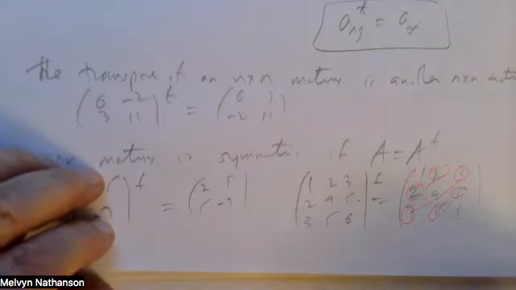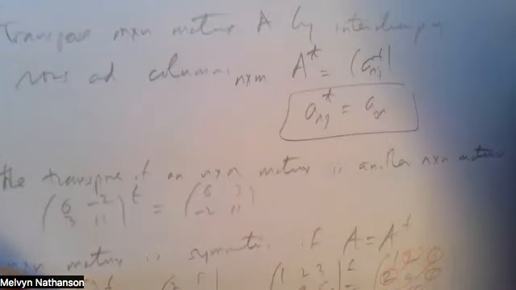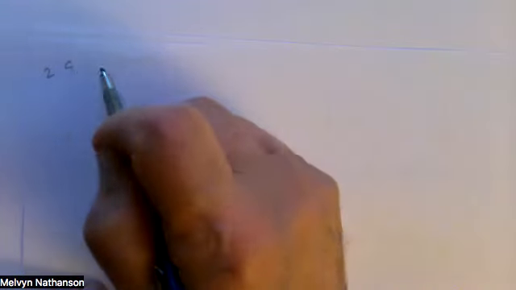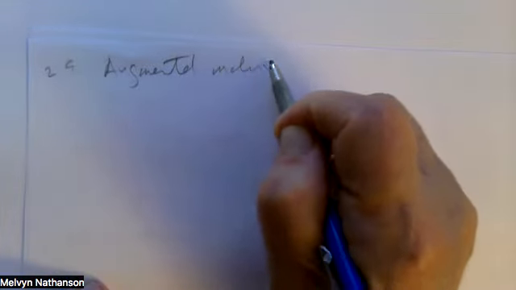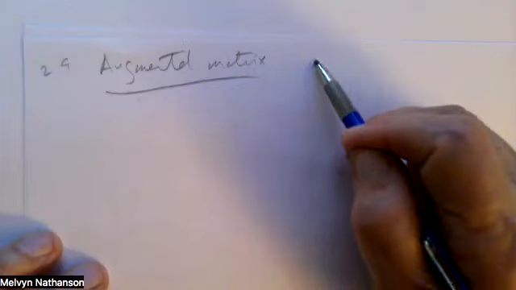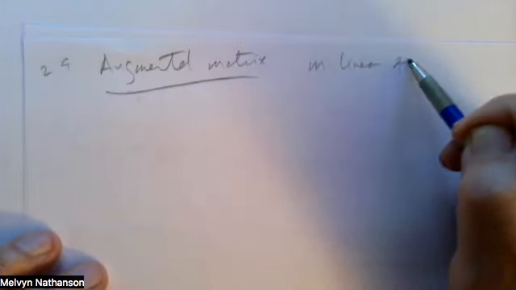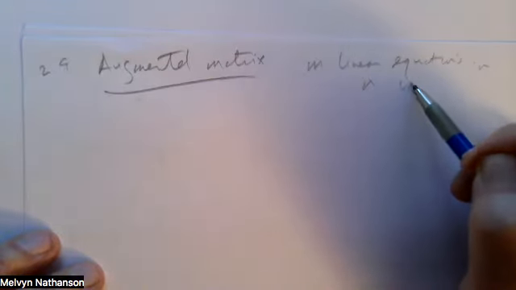Now, we had been studying linear equations, and there's a close connection between matrices and linear equations, which I will now explain. So this is section 2.4 on the augmented matrix. Suppose I take a system of m linear equations in n variables.